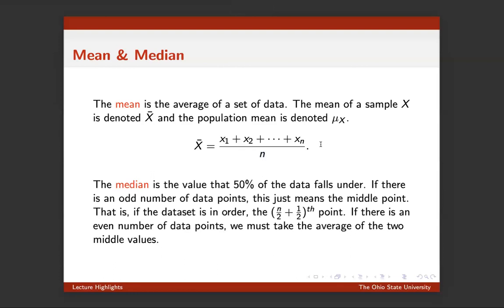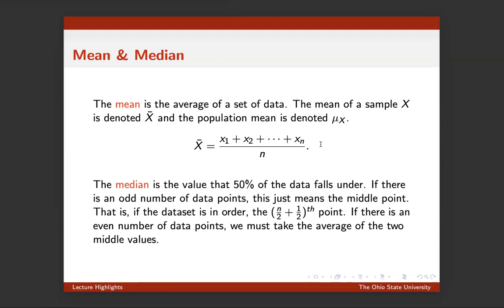And then the median is the value that 50% of the data falls under. If there's an odd number of data points, we just take the middle point of the data. So if we have 5 data points, then the median is just that third data point, as long as the data points are in ascending or descending order.